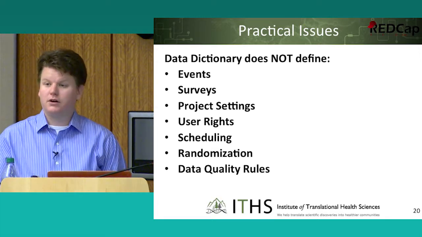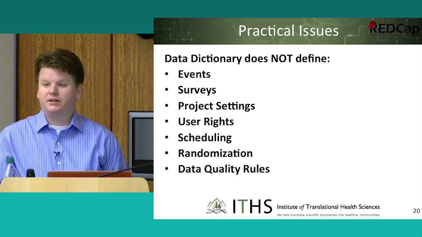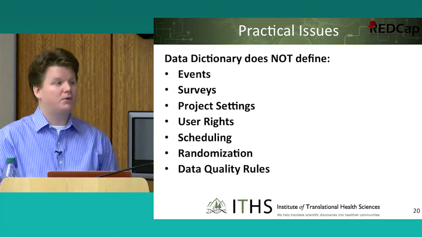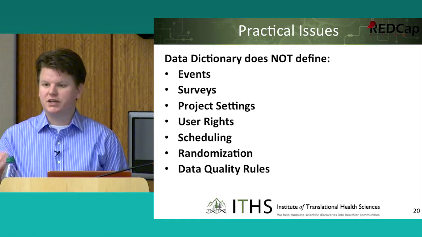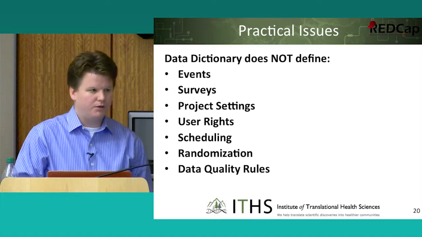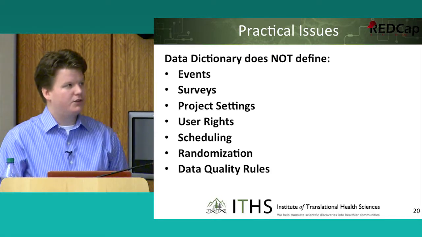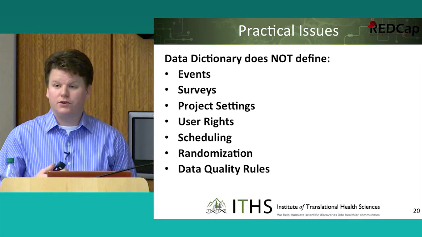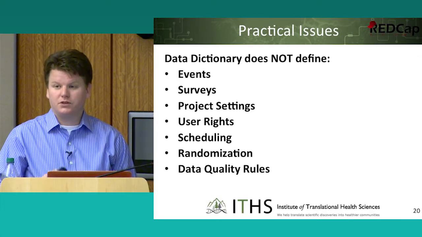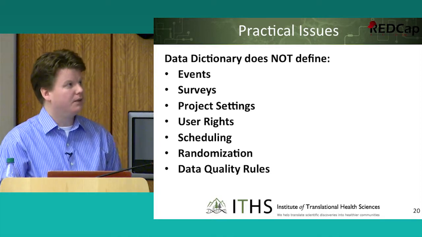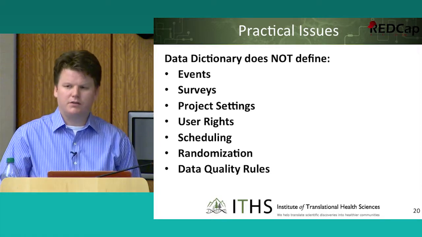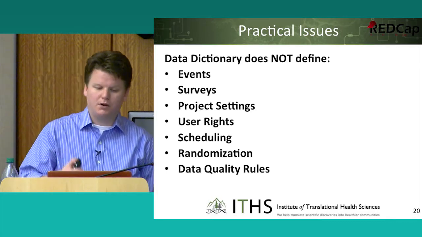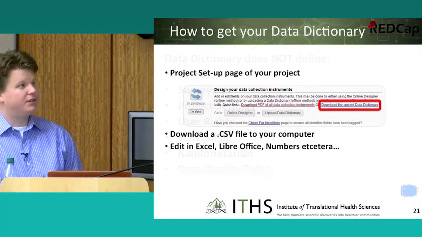So if you are using that full data dump and the data dictionary dump to, for instance, transfer your entire project to a different REDCap installation, let's say you switch universities and you need to take your research with you, make sure to copy this manually or in a document so you know what the settings were when you were running it here. Most of these are fairly self-explanatory, however they're not covered with the data dictionary and as a result won't upload automatically in REDCap.